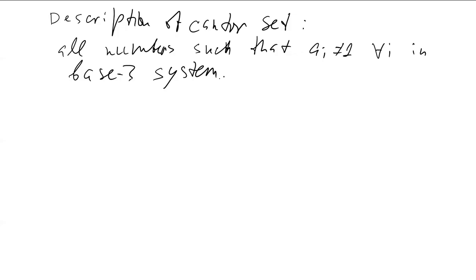So we can say it's the set of all numbers, or we can say it is the set of all points such that their coordinates don't have digit 1.